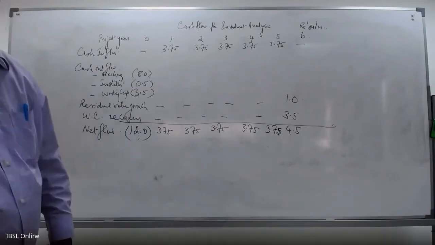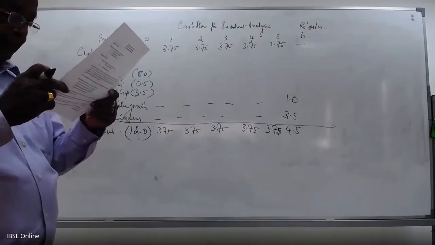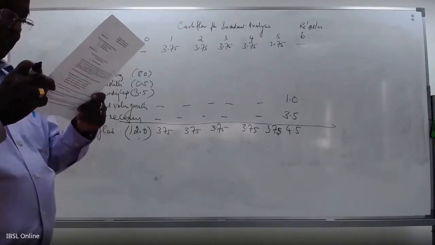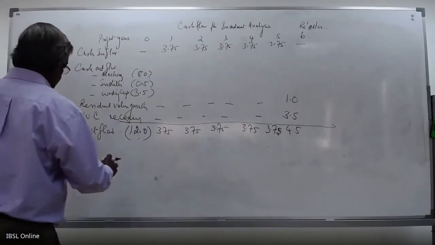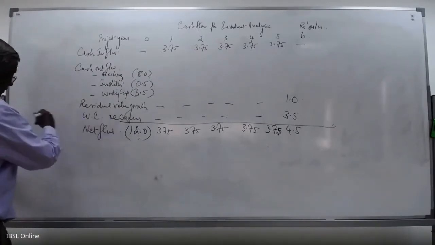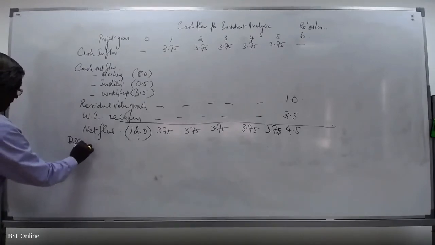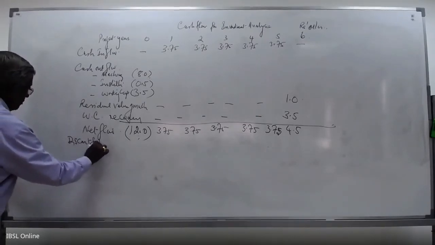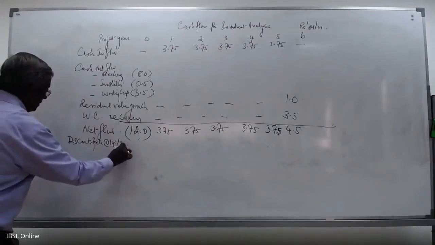At what rate do they plan to borrow? They are planning to borrow at 14% per annum. So discount at 14% per annum. So first, the discount factor at 14% per annum.